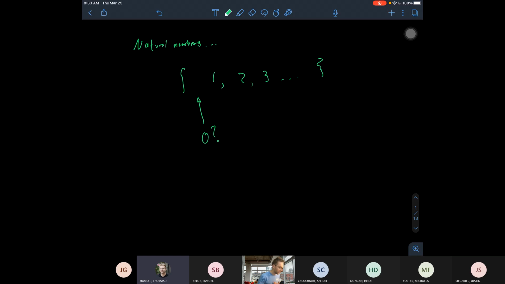There's actually a big divide in the mathematical community about whether or not 0 is a natural number. First of all, because it wasn't actually described or invented or written down until much, much later.